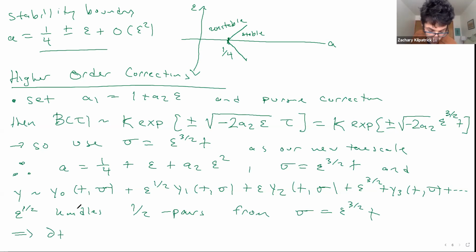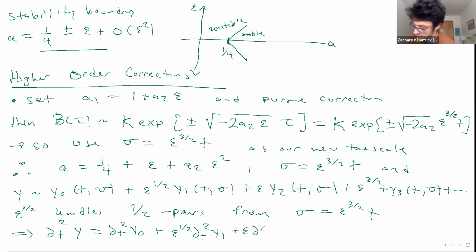So if I differentiate y then, using these multiple timescales, I'm going to get dt squared y0 plus epsilon to the 1/2 dt squared y1 plus epsilon dt squared y2.